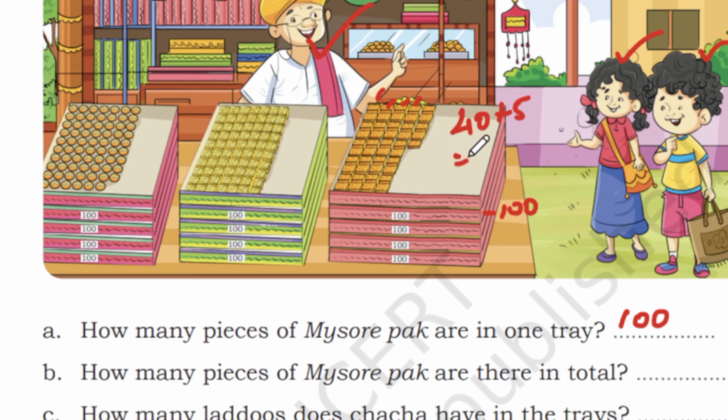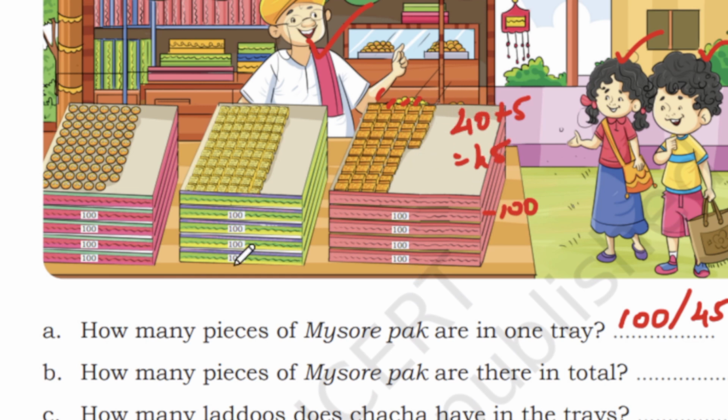So 40 plus 5 is 45. So on the first box we have 45. In a full box there are 100 Mysore Paks, and on the top box someone has already bought some, so the leftover is 45.